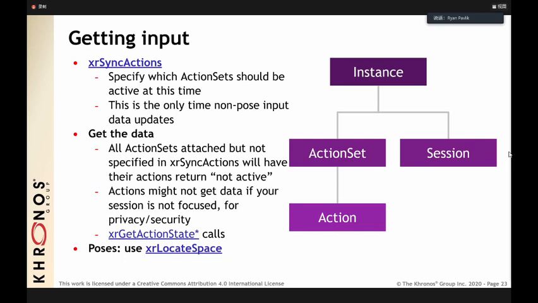Only the active-inactive state of a pose action is controlled by XR sync actions. Typically, you'll process most of your input either before you call XR wait frame and begin frame, or after you call XR end frame.